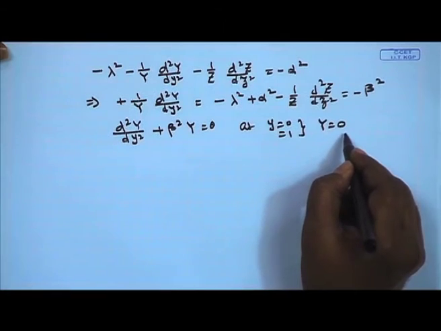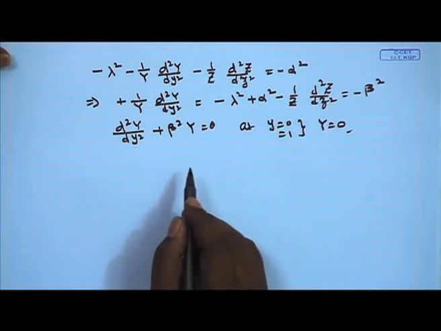We have completely solved the x varying part, and we have seen the eigenvalues were 2n minus 1 pi by 2, and the eigenfunctions were cosine functions. Now we came to the y varying part, and we formulated its governing equation with the boundary conditions.